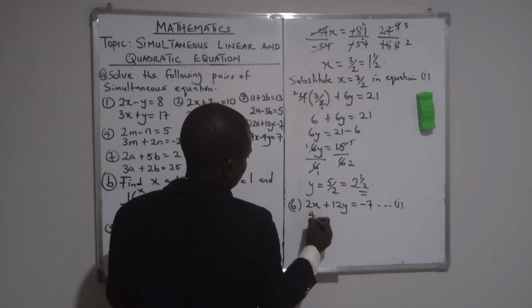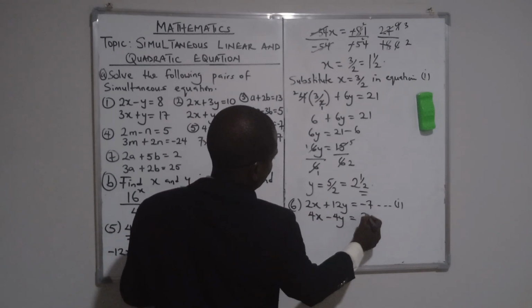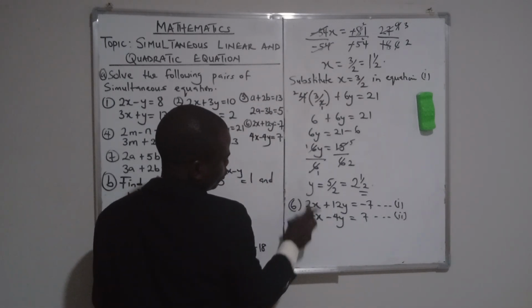And we have 4x minus 4y equals to 7, equation 2. I'm picking the coefficients.